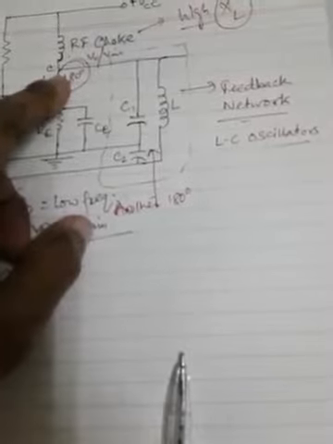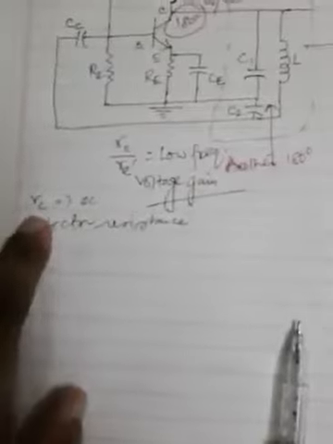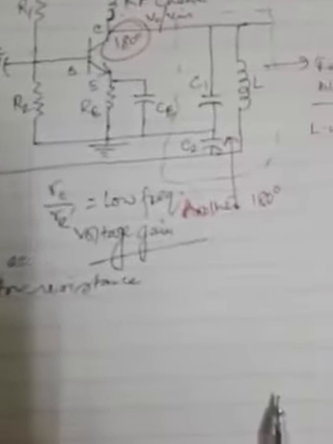So this is the resonant tank circuit, and it has the AC resistance equal to this small rc.